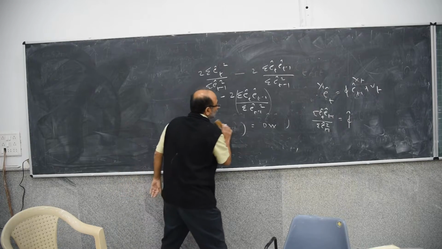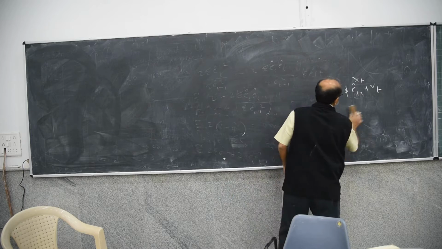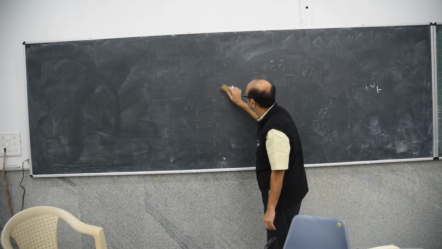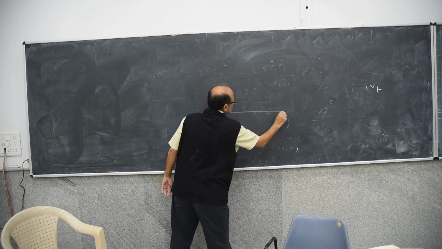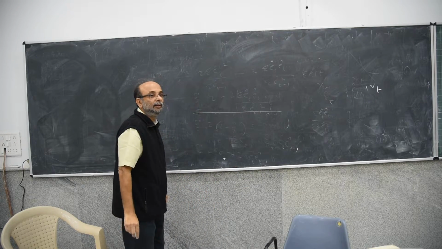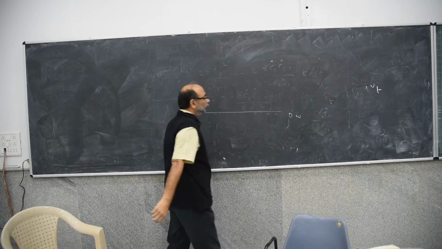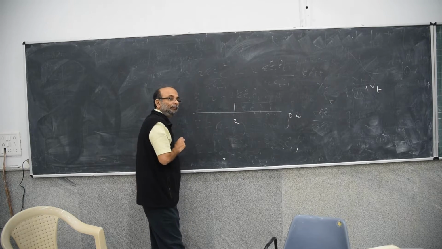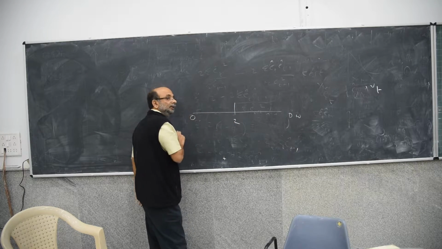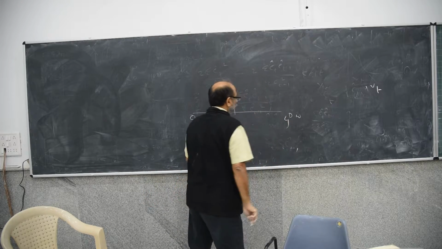So the Durbin-Watson statistic, if I write this axis like this, and I write the value of the Durbin-Watson here, if this is 2, this is 0, and this is 4.